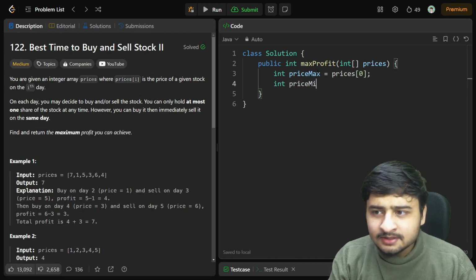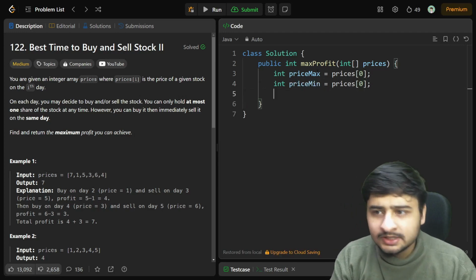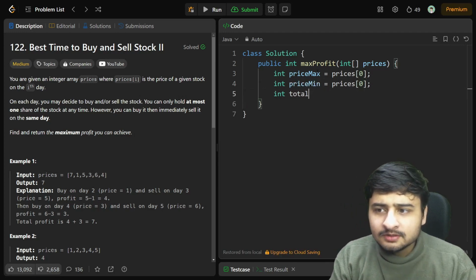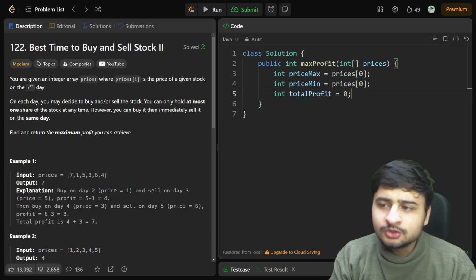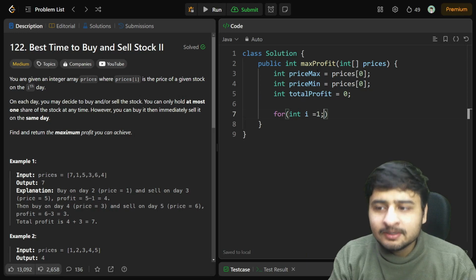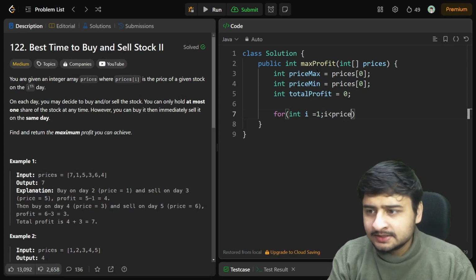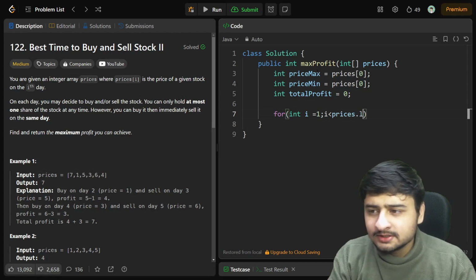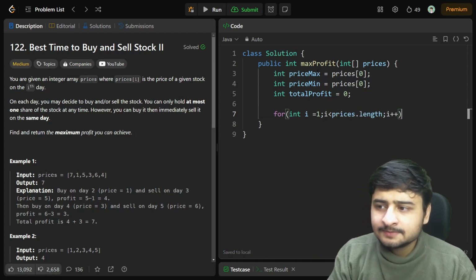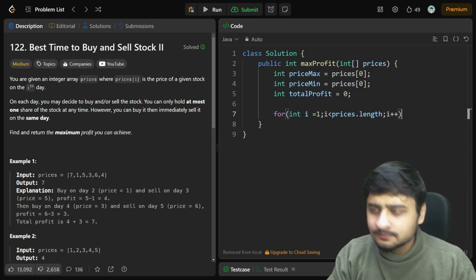Int price min is equal to prices of 0. Both are initialized from the 0th day itself, and then total profit is equal to 0. Now the loop starts from index 1 because the 0th day we have already considered. I less than prices dot length, I plus plus. Great, no issues. Let's move forward.